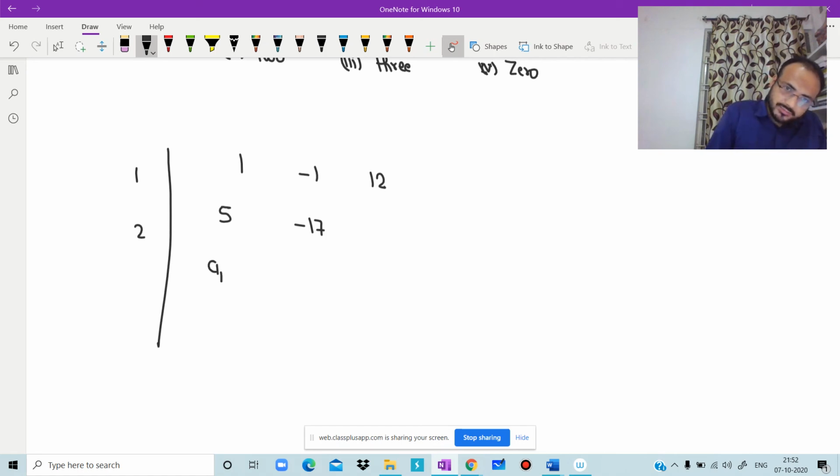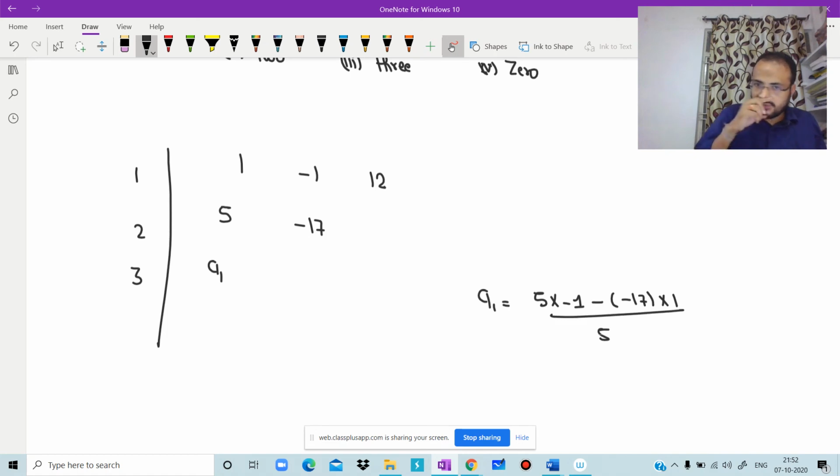Assume it is A1, third row. So A1 is equal to 5 into minus 1 minus minus of 17 into 1, divided by 5. So we will get minus 5 plus 17 by 5. So you will get A1 is equal to 12 by 5.